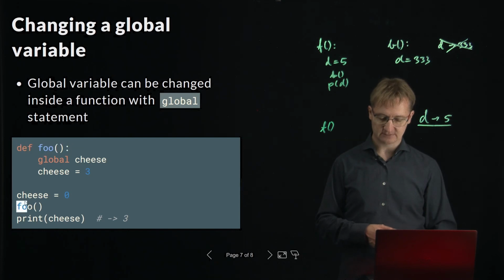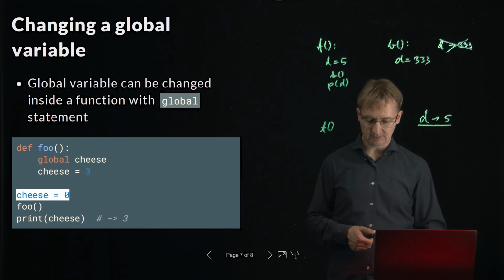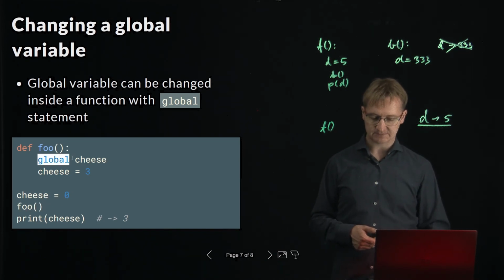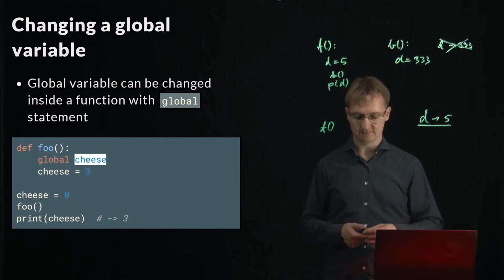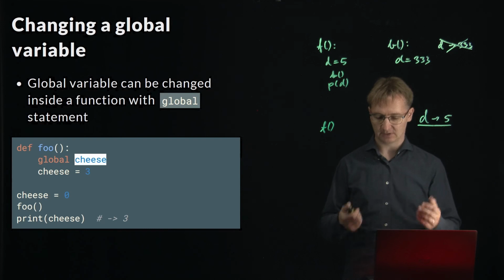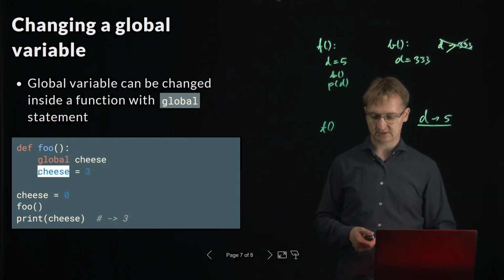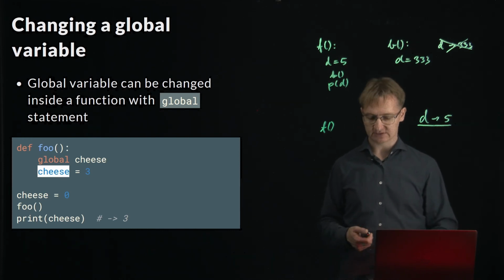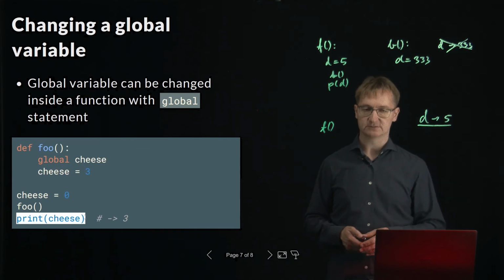Now the cheese variable is stored in memory. Now we go into foo. Inside foo, the global statement says that this cheese now becomes writable in our function, and if I assign a new value to this variable, it's overwritten, or the value is actually changed. And if I print it out here, the value becomes 3.